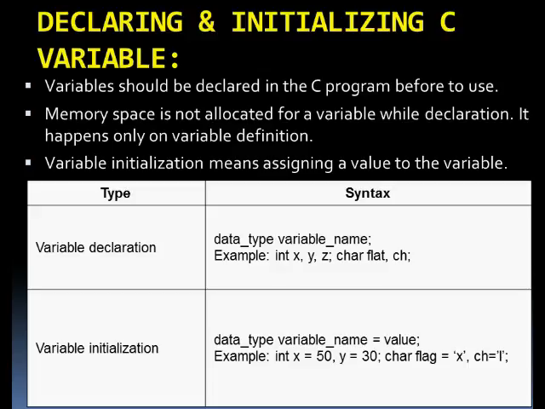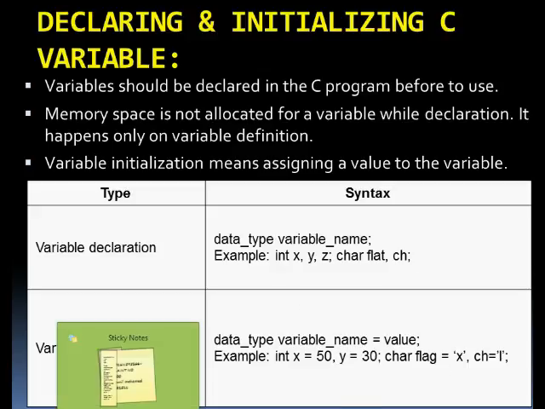Variable initialization means assigning a value to that variable. An example of declaration is data type and variable name, like int x, y, z or char ch. Initialization is data type, variable name equals value, like int x = 50, y = 50. This is variable initialization.